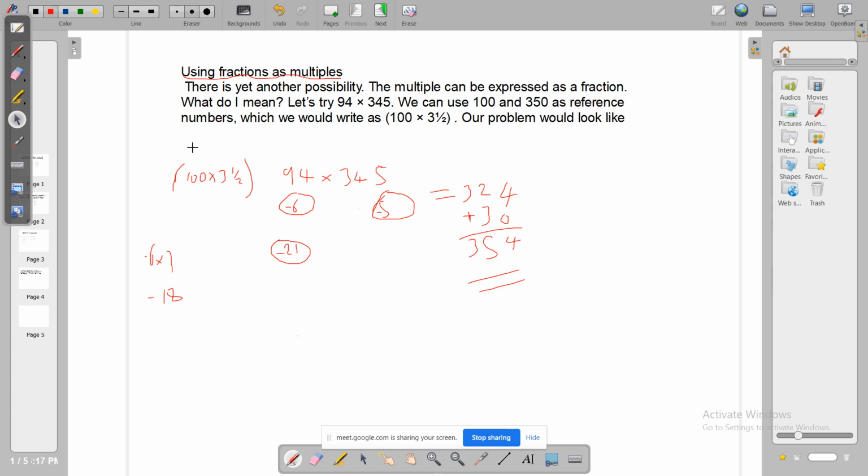Then half times negative 6 will also give us negative 3. Adding negative 3 plus negative 18 gives us negative 21. So that's why we have the negative 21 here. Now we can subtract from this. When you subtract negative 21 from this, 2 from this is 2, 1 from this is 1.